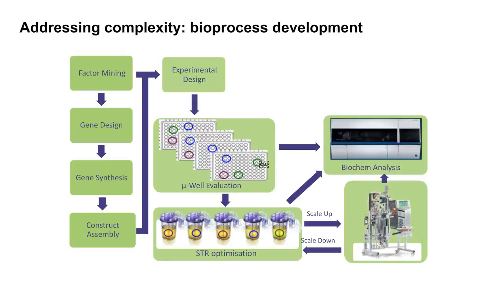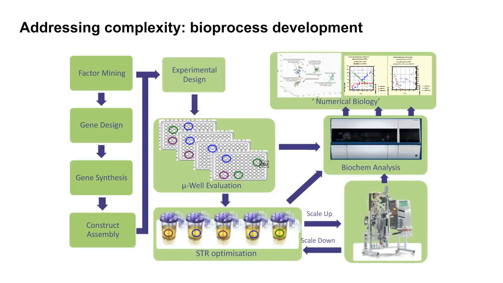At the heart of all of this is being able to execute these complex integrated experimental pipelines that talk to many different pieces of laboratory equipment and solve all the scheduling and logistics challenges across these experimental pipelines. That ultimately means that you can start to build numerical biology, models of what's going on in these complex systems. And of course, feed that back into your experimental designs.